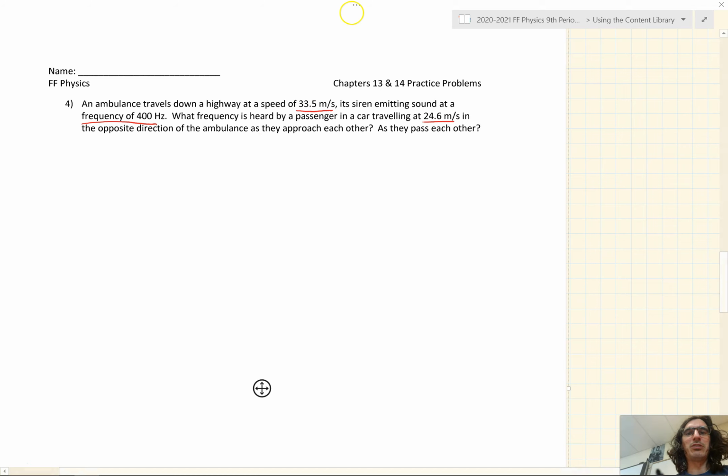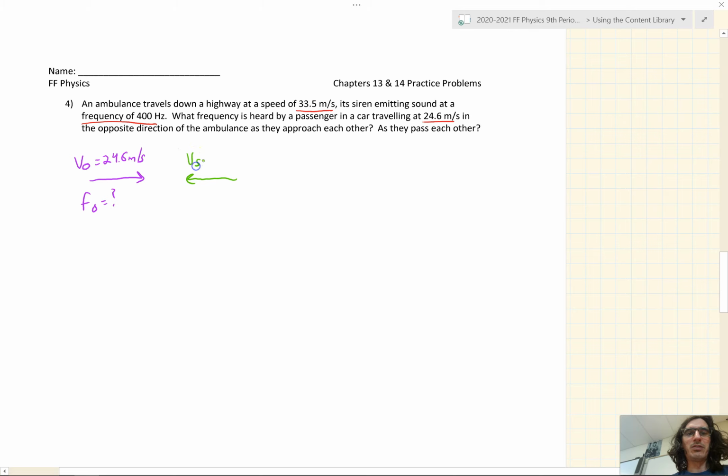Why don't we label a picture, because the directions of the cars are going to make a difference of what signs we use for our formula. We have our observer, that's the car. So the velocity of the car, let's just say it's traveling towards the right, is 24.6 meters per second. The frequency they observe is what we're trying to calculate as a result of the ambulance traveling towards the left.